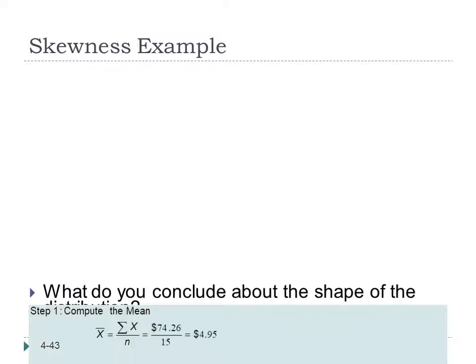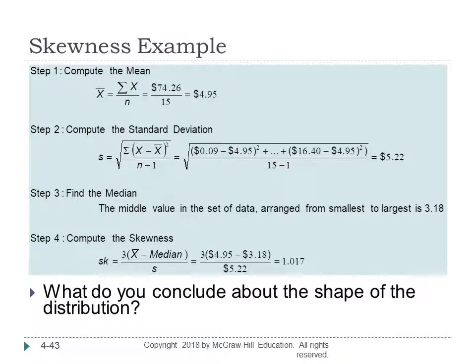This will take some calculations, starting with the mean, x bar. This is the sum of all values divided by n. The sum will be 74.26. Divide this by 15, which is the number of values. You should get 4.95. This is the mean. Next, we want the standard deviation using the formula.